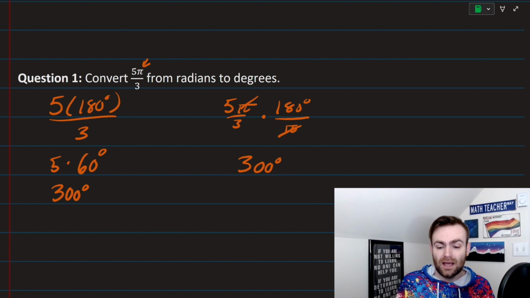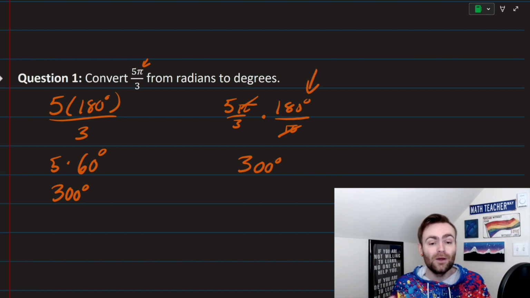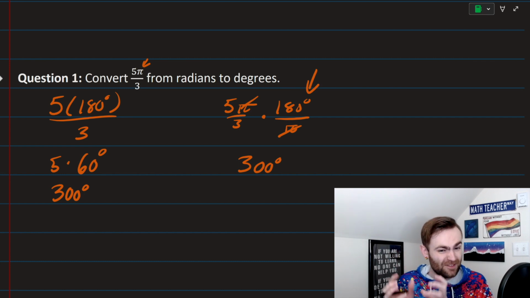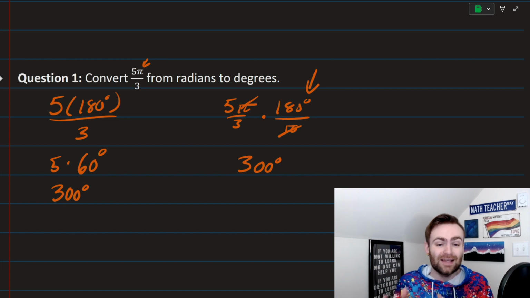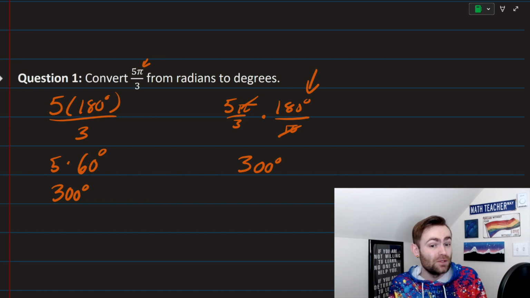Either way works. But you have to use your conversion fraction if you don't have a pi in your radians. You're multiplying by the same thing over the same thing, but in different units, in order to convert. Like if I wanted to convert 1 radian into degrees, I'd have to divide by pi radians, and it doesn't cancel out. You'd actually have to figure that out, probably using a calculator.